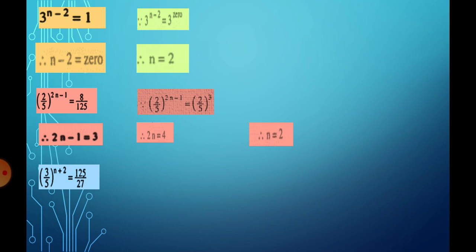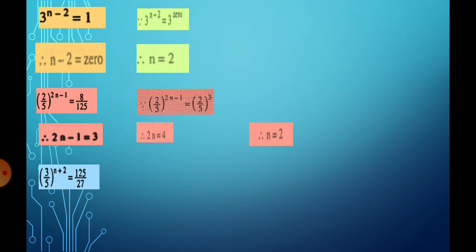Another example. 3 over 5 to the power n plus 2 equals 125 over 27. 125 over 27 means 5 over 3 to the power 3. But on the left hand side, the base equals 3 over 5, and on the right, the base equals 5 over 3.